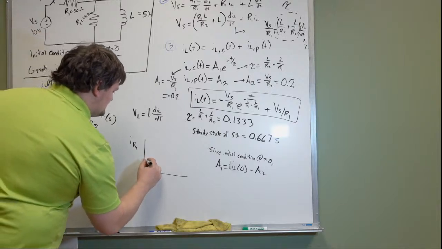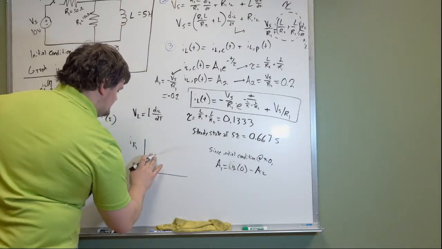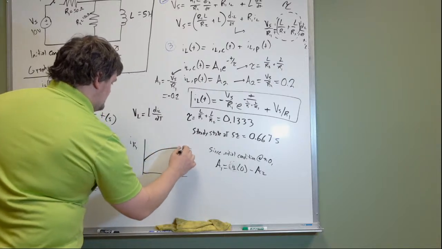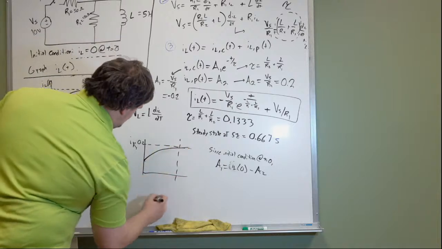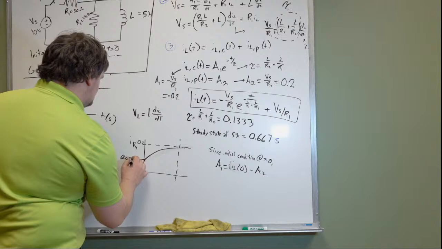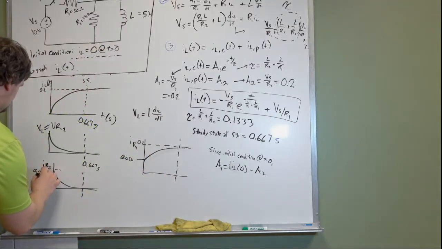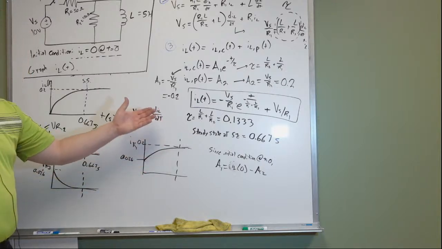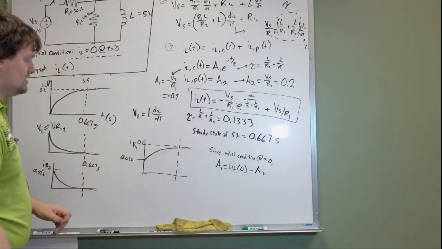It ends up looking something like this, where it approaches 0.2, which is the steady state behavior. But it starts at that 0.026, which this one starts at too. So it's kind of an interesting behavior. You still have some kind of curve that's going on there.